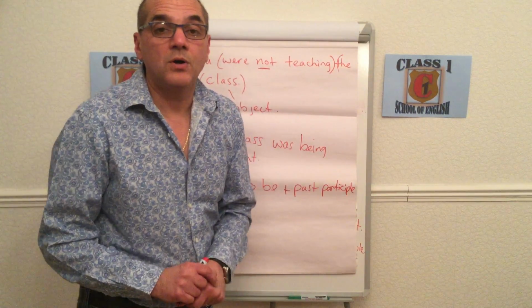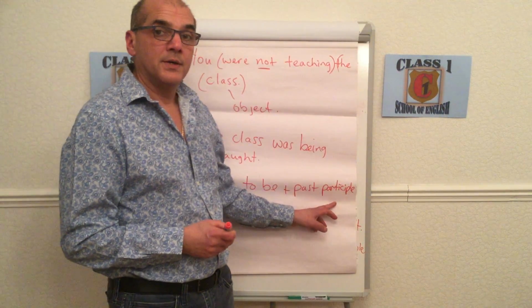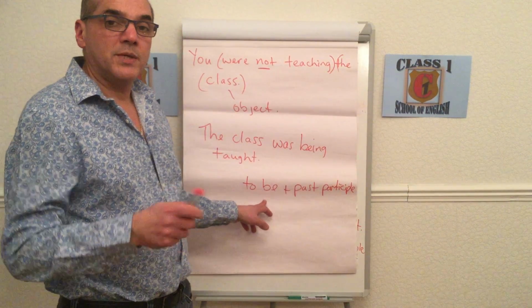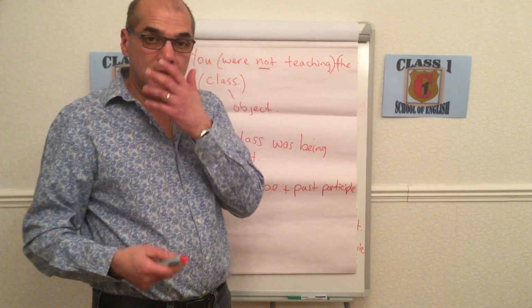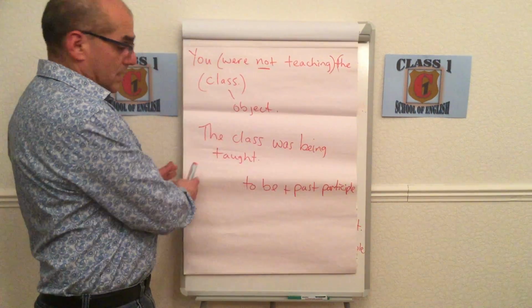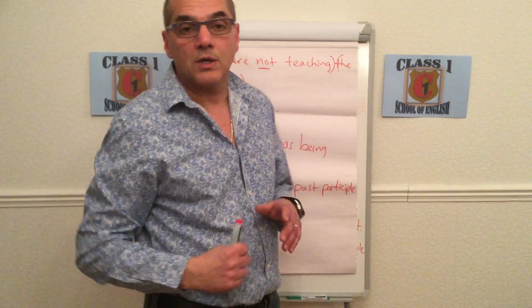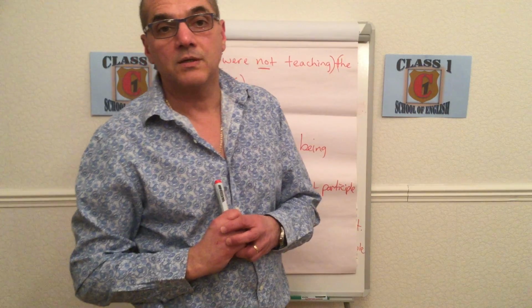As I mentioned before, it's crucial that you learn how to use both of them. You need to learn the verb to be in every tense, how to use it, and you need to learn the past participle, okay? And then obviously you would still need a subject, but that would be the original object. What would be the object of the sentence?